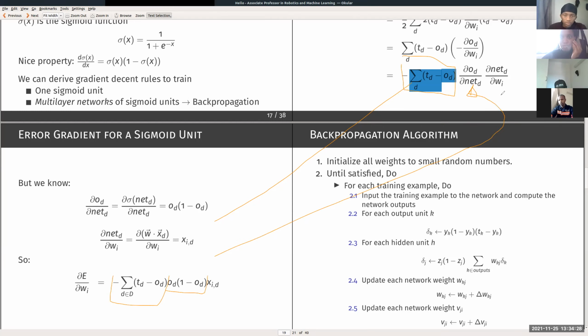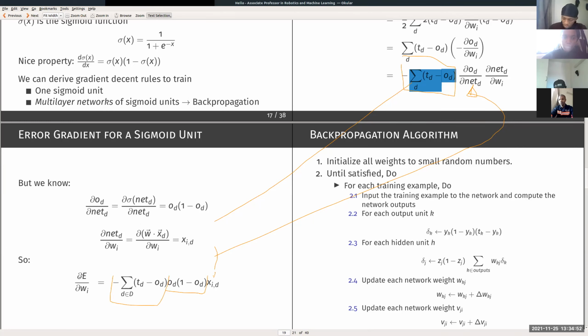Now the partial of that with respect to wi: net is w times x of the data, so if we take the partial of that with respect to wi, the result is just xi. We have derived this before.